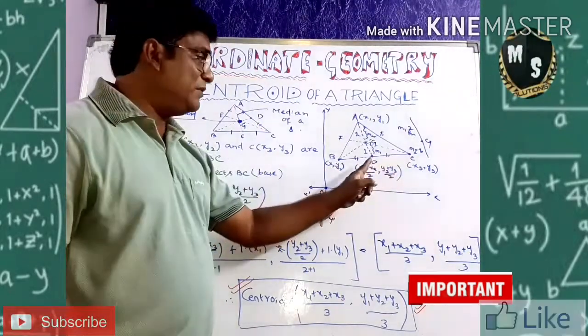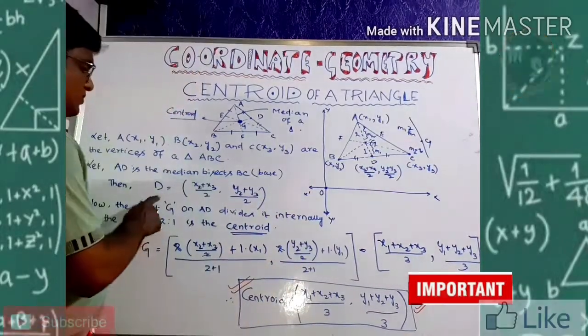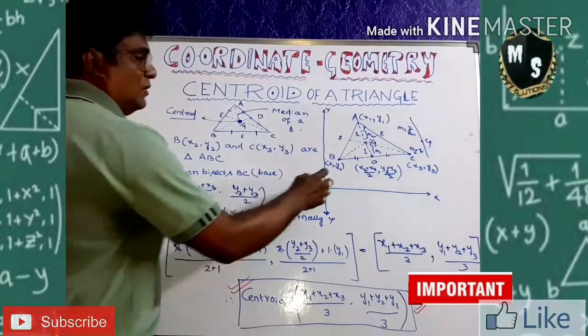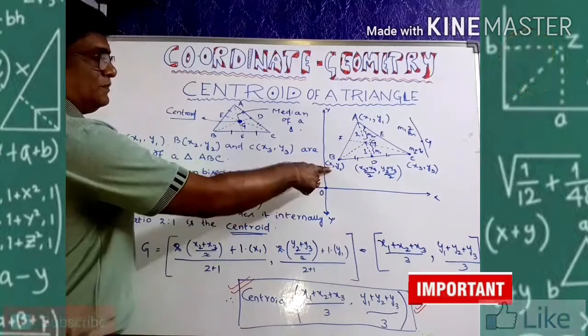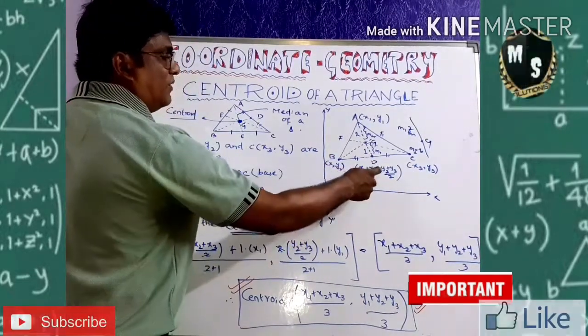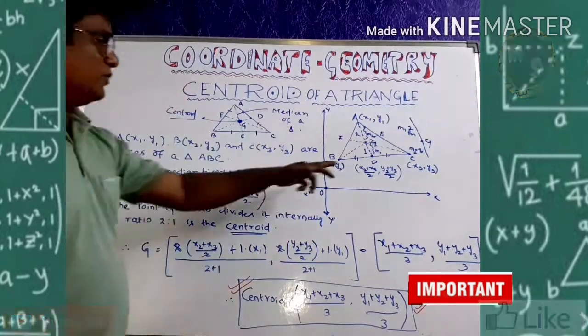That midpoint you have to calculate by the midpoint formula. What is the midpoint formula? It is (x2 plus x3) by 2, (y2 plus y3) by 2. I hope you understood this D coordinate.